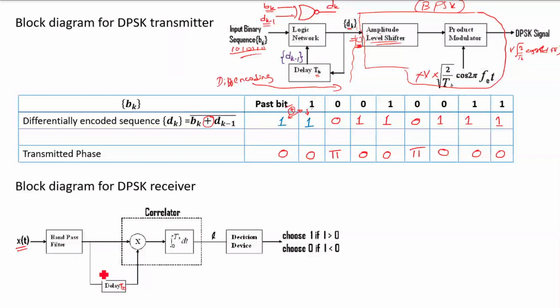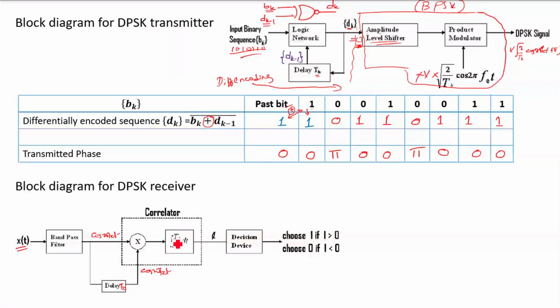Then I will have one more signal coming here. If this delayed signal, say cos 2 pi fct, is the same as the incoming cos 2 pi fct, then they get multiplied here and passed through a correlator.